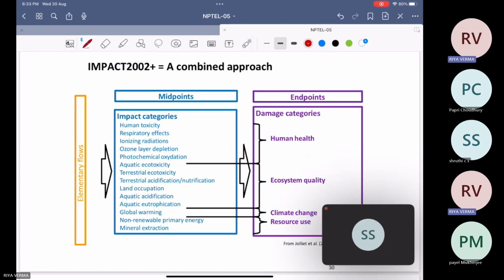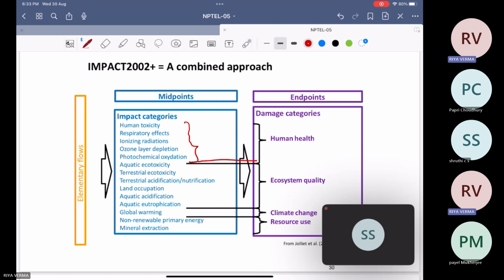This is the process of IMPACT 2002 plus. This is a combined approach. In this, all the elementary flows are related to some of the midpoints of the impact categories, and different midpoints can be clubbed together to formulate different endpoints. For example, human toxicity, respiratory effects, ionizing radiations, ozone layer depletion, and photochemical oxidation can be clubbed together to formulate the effects on human health.